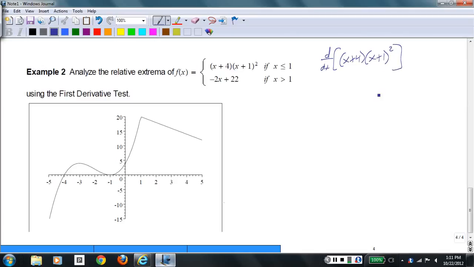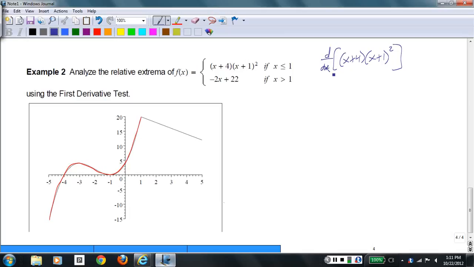Let's differentiate it. Then at least on this portion of the graph, we will have an expression where if we substitute a number for x, it would give us the slope of the tangent line to the graph at any of those points. It won't be valid when x is greater than 1, but we can come up with a different expression for that one much more easily. So here goes.